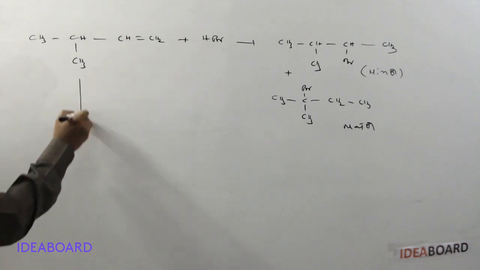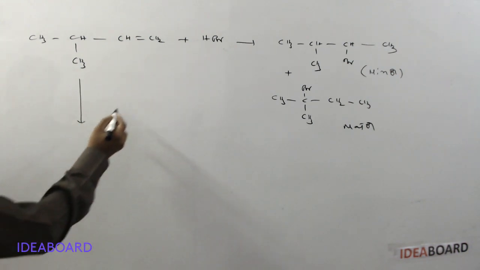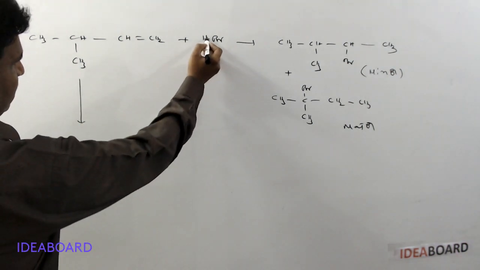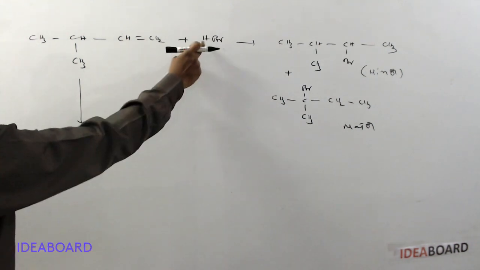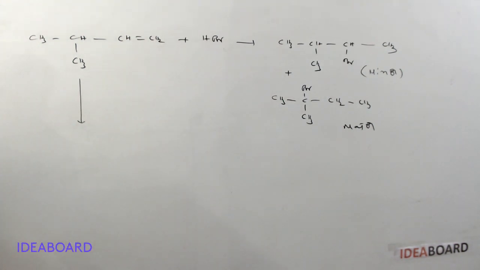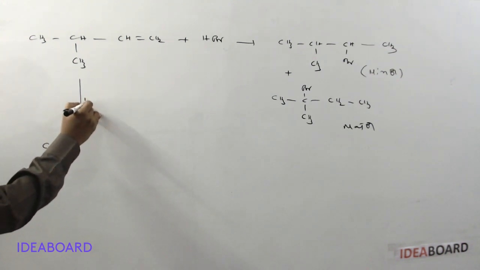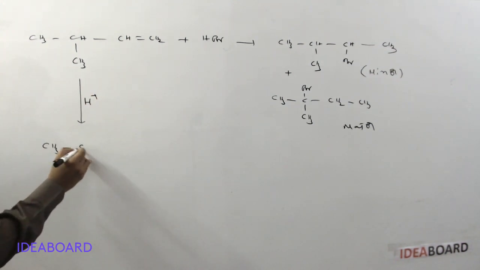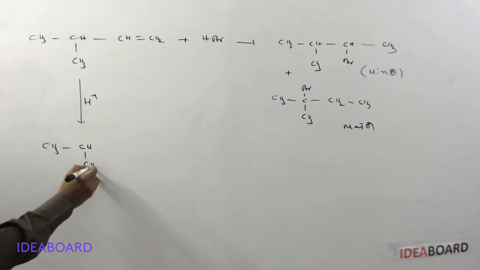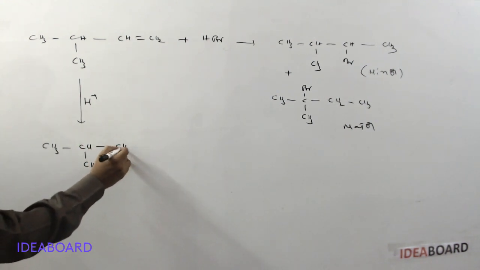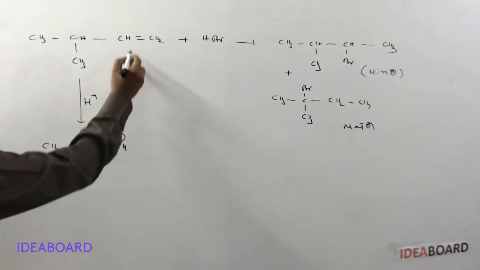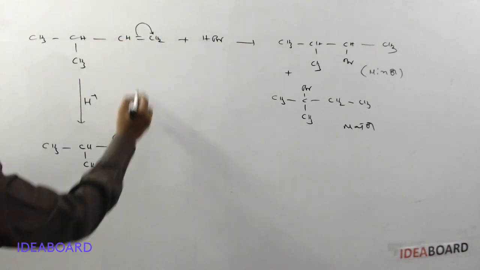Here, first, whenever we are adding HBr, H plus and Br minus, H plus is added first to this carbon atom. So by the addition of H plus, we get CH3 CH CH3 and CH plus, because the pair of electrons shifts onto this.